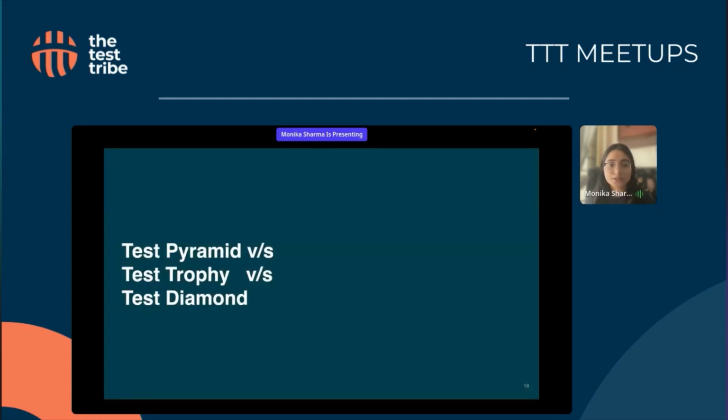So, till now, we have seen what the test pyramid is, how the test trophy looks, and what the test diamond looks like. But what are the differences? How are we going to evaluate which test strategy pattern to use at what stage or in what kind of ecosystem?